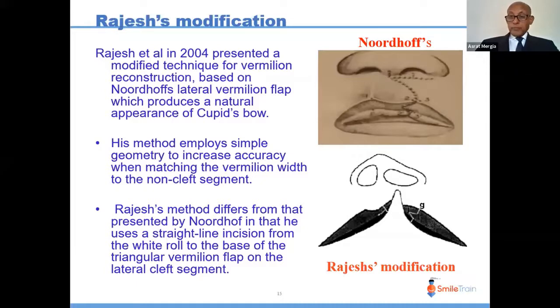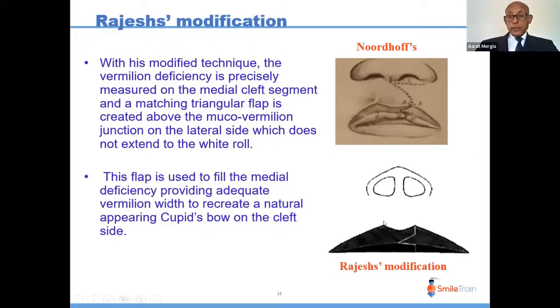One is the base of the flap is equal to the deficiency, and the second is the horizontal length of the flap is reaching the midline. So Rajesh has come up with these results.